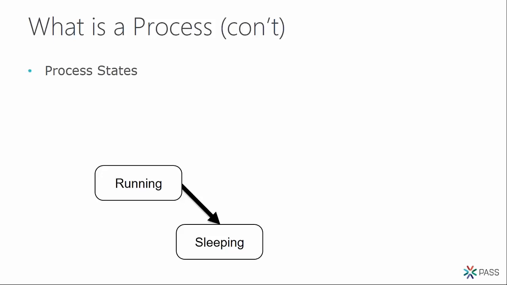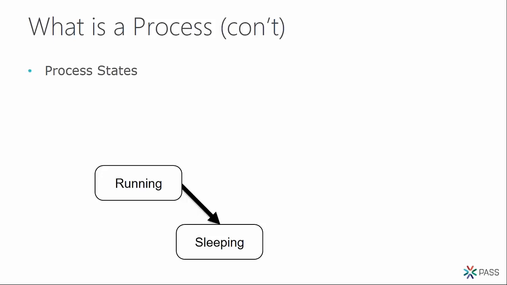So I can exhaust my quantum and transition to sleeping, or if I'm a running process and I need I/O, then I'll transition to sleeping until my I/O is complete, or I get preempted, right? It's a significant difference from SQLOS in that if I'm a process and I'm running, something more important than me can come along, or an interrupt can come along and bump me off of the CPU. So under those three conditions, I can transition from running to sleeping.